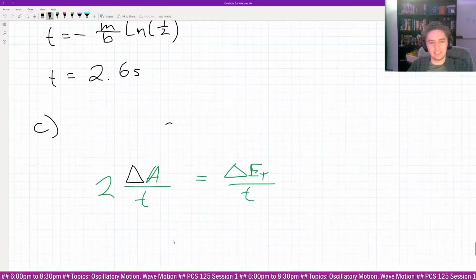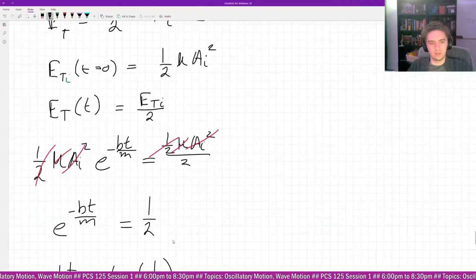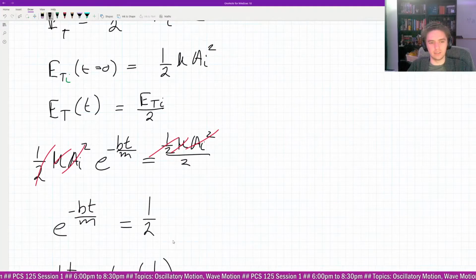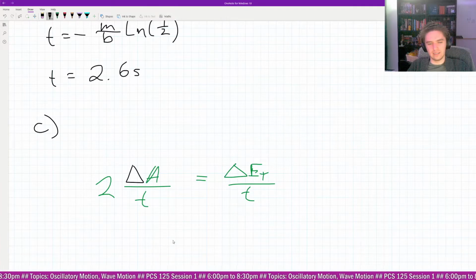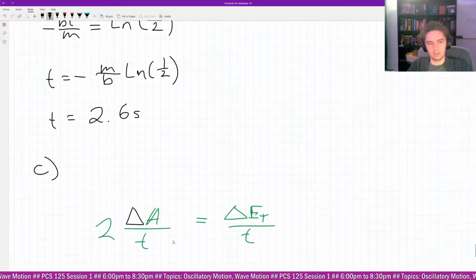We have our equation for amplitude over time and also energy over time, which we calculated before, as a function of time. But if they want the rate of change of A, then we should take the derivative of our A of t. Okay, I think that's it.